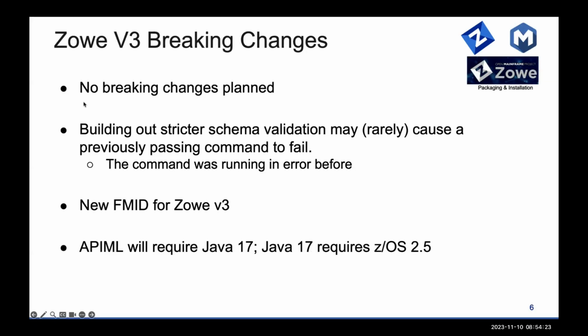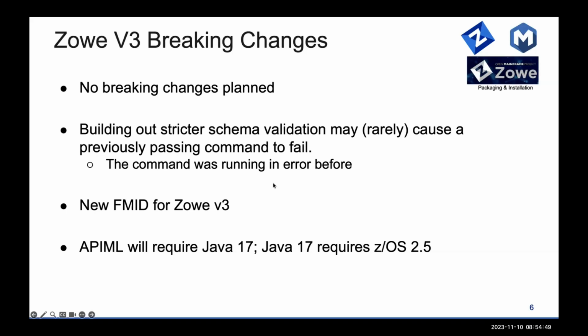Under breaking changes, I have no breaking changes planned, but I think there's a couple of things to keep your eye on or be aware of. One of them is that building out the stricter schema validation for Zowe YAML may rarely cause a previously passing command to fail. So if you were using a Zowe install or Zowe configure command, a ZWE, I should say, it may have been running before, but it may have been running in error.